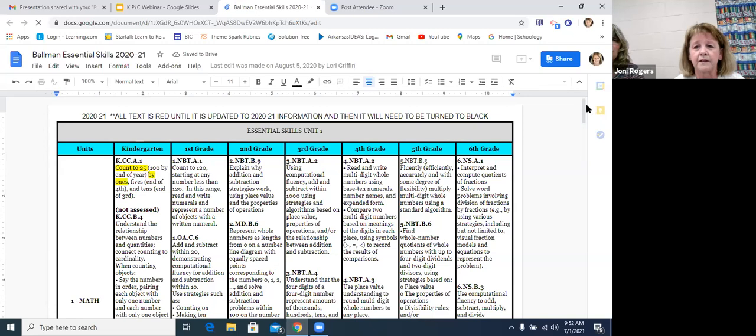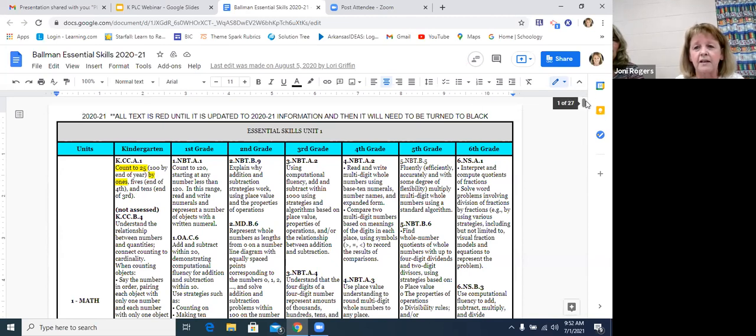Okay, so this one, in kindergarten for math, we highlighted the count to 25 by ones. The standard adds the counting by fives and by tens, but that is in a different unit.